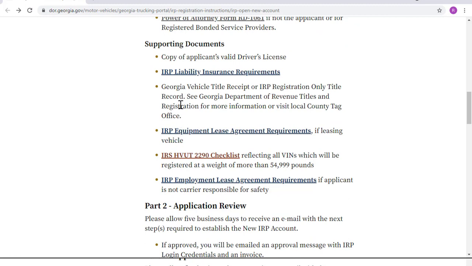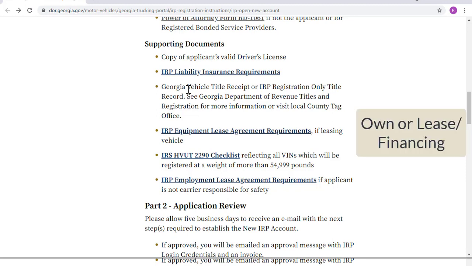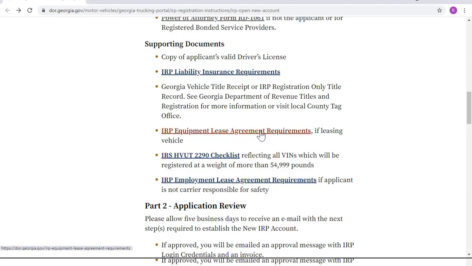If you don't own it, which means you don't have a title, you have to be leasing it, right? If you own it, then you have the title. So you can produce a copy of the title, but again, it needs to be registered in the state of Georgia. The IRP leasing agreement is where you would click that hyperlink in order to get the leasing information.